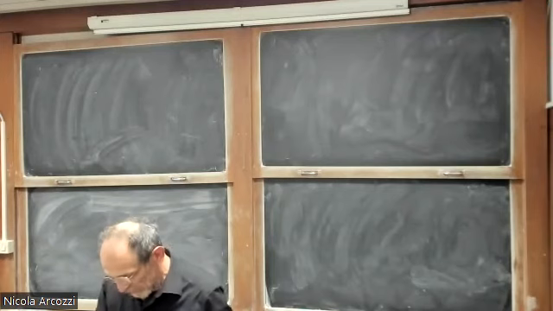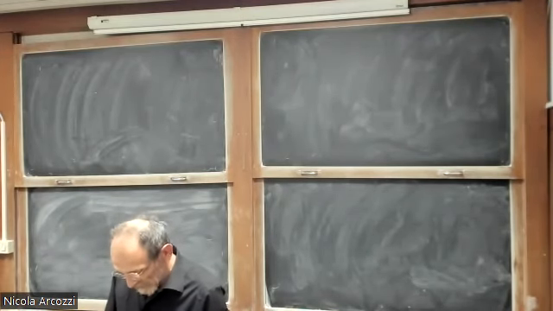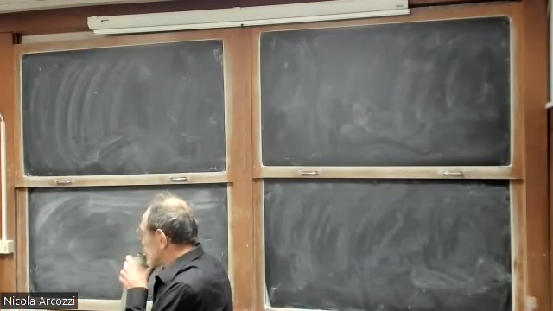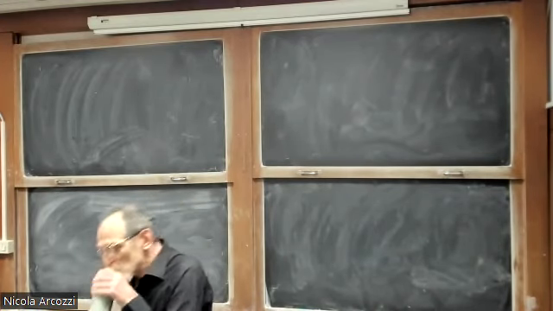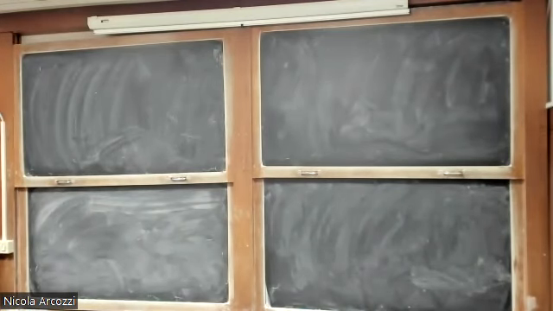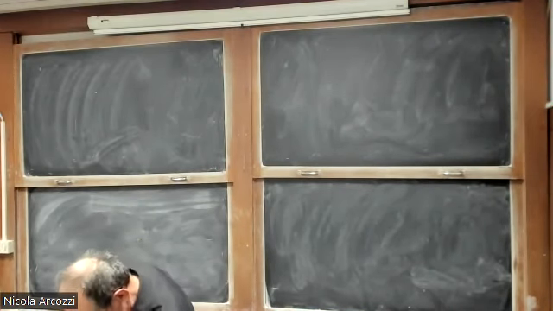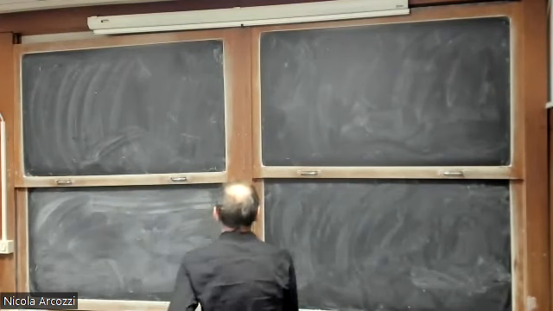So we start from, okay, we had the Poisson-Jensen formula. This is good. So we had the Poisson-Jensen formula.